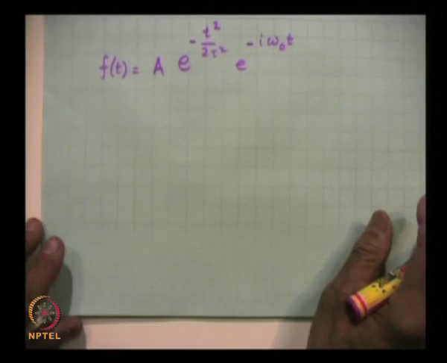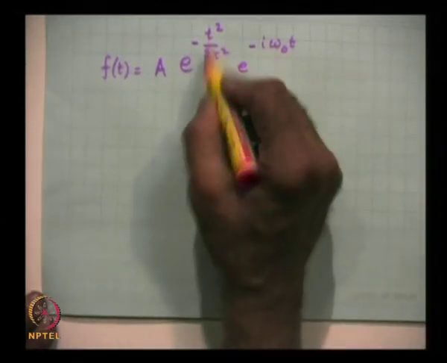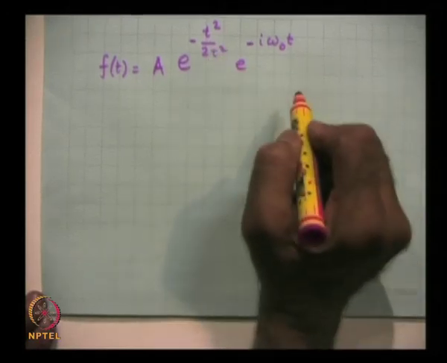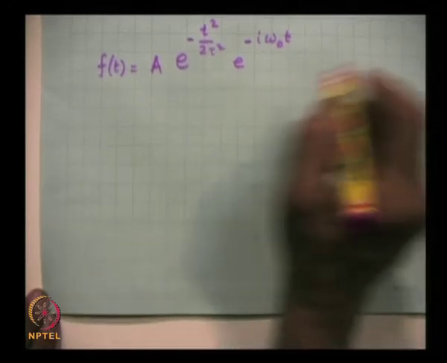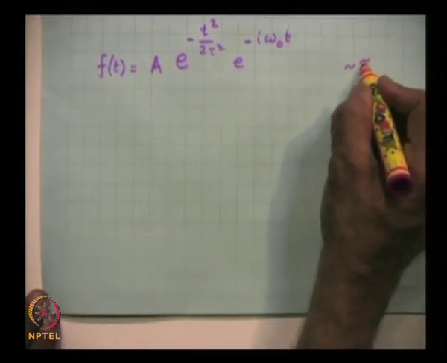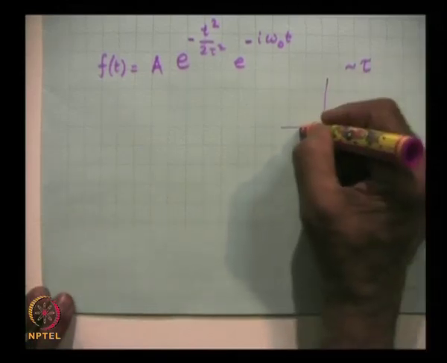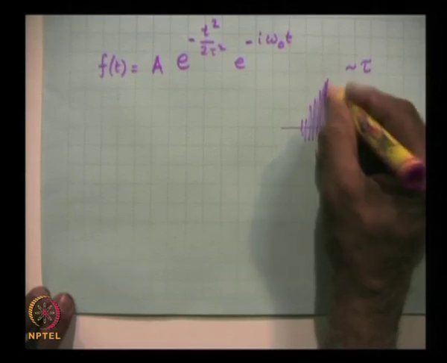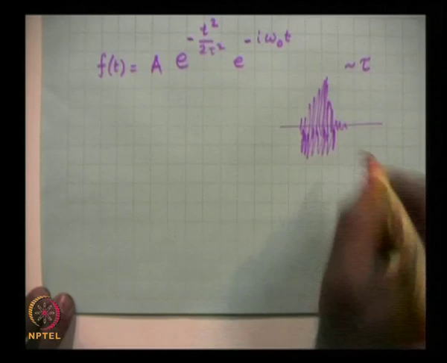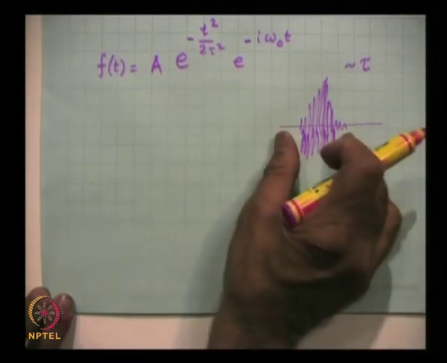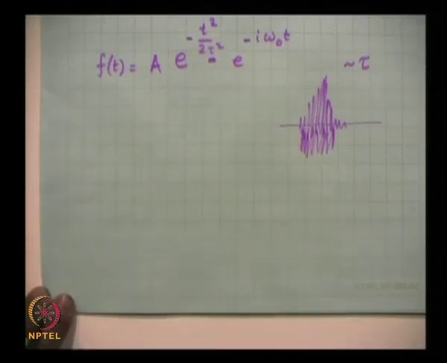If you take the real part, then it will be something like a Gaussian time dependent function multiplied by cos omega 0 t. So, it is a Gaussian pulse of duration tau. It will look something like this. So, you will have a Gaussian pulse localized within a time interval of the order of tau.